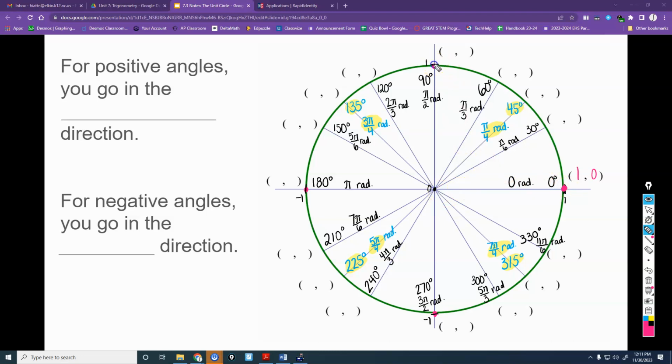What are the coordinates of the top point, your 90-degree angle? 0, 1. What are the coordinates of the 180-degree? Negative 1, 0. And what are the coordinates of the bottom point here? 0, negative 1. So those don't necessarily have to be memorized. They're just like graphing those 4 points, right?